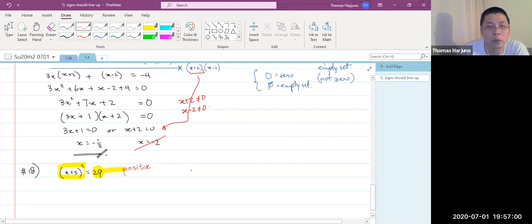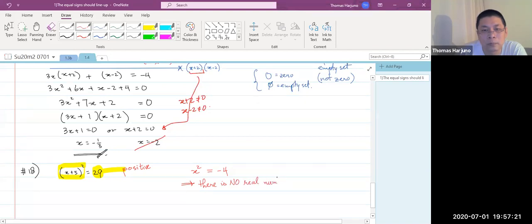We know from yesterday that x squared will be at least 0. So if I have x squared equals, let's say, negative 4, then there is no real number whose square is negative.